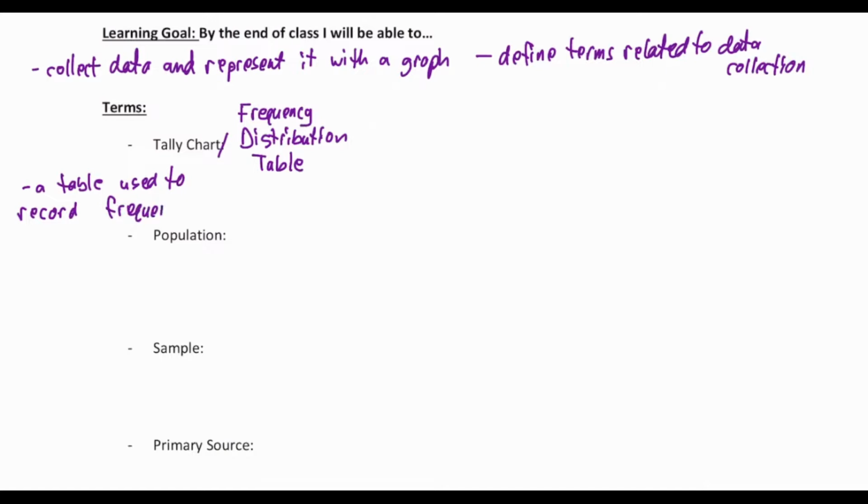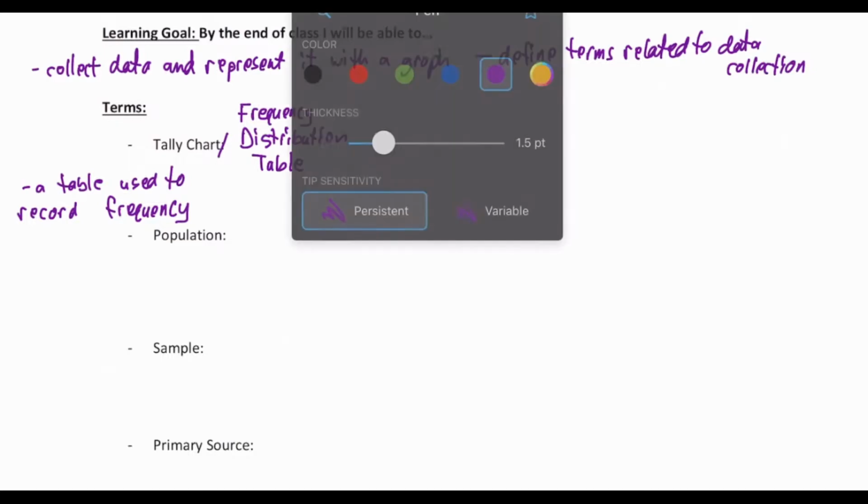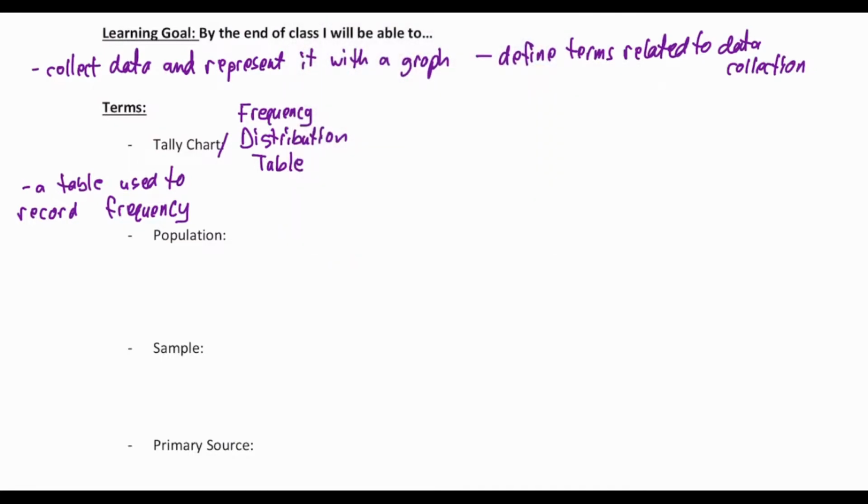And you may have heard the term frequency before, either in relation to science or physics, or sometimes we talk about the frequency of light or the frequency of a radio station. But basically what we mean here when we say frequency is how often something occurs. How many times total did this event happen? And we represent that, or we organize that data using something like a tally chart or a frequency distribution table.